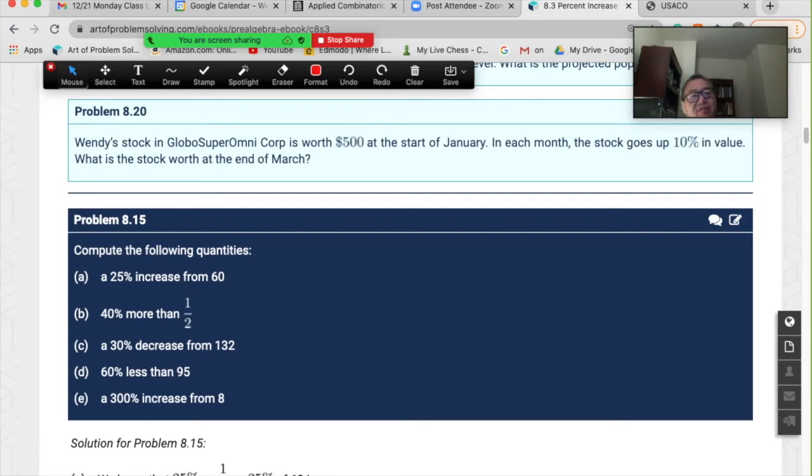Then at the end of February, what is the value for the stock? They just do 10% times 500, equals 50.